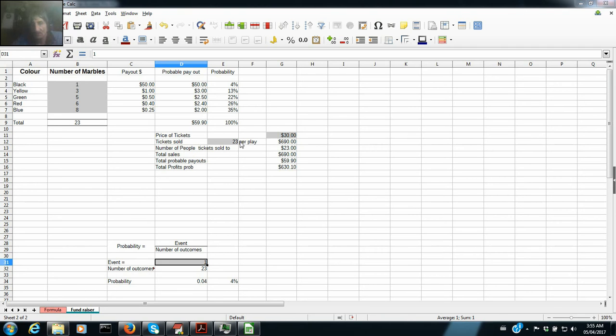Okay, you sold 23 tickets at $30, so you've got yourself $690 in your kitty. The number of tickets sold shouldn't be $1, it should be just 23. And so your total sales are $690.